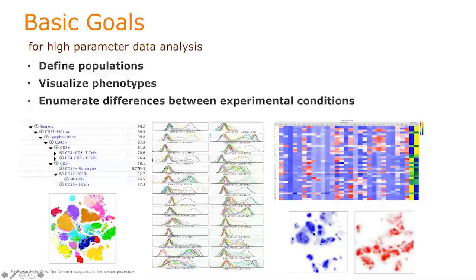And ultimately, we want to understand how each of these cluster populations that are defined, or manually gated populations that you know about, change between different conditions. And here in this T-SNE plot, I've broken up into a stimulated and an unstimulated condition.